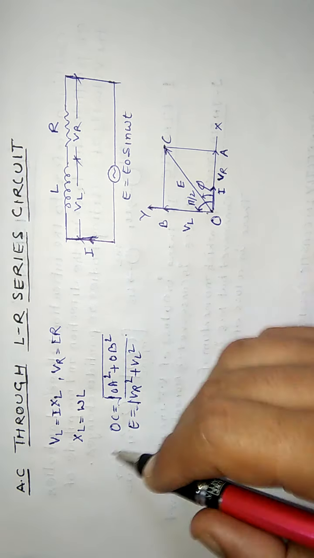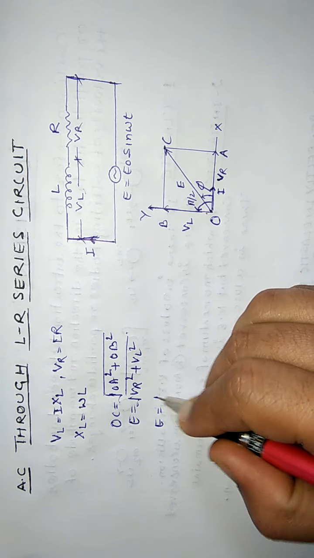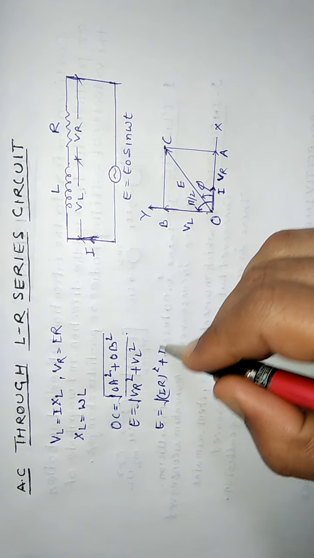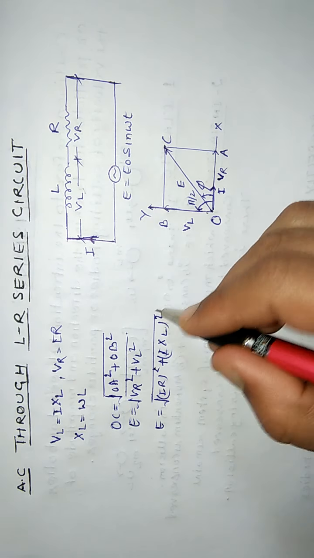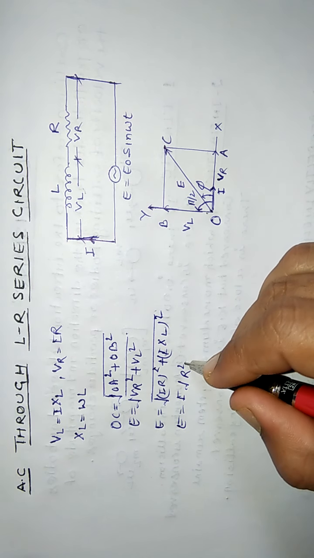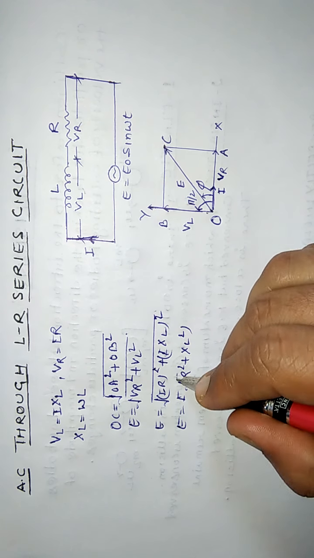On substituting the values of VR and VL, we get E is equal to under root (IR) square plus (IXL) whole square, or E is equal to I common, under root R square plus XL square.